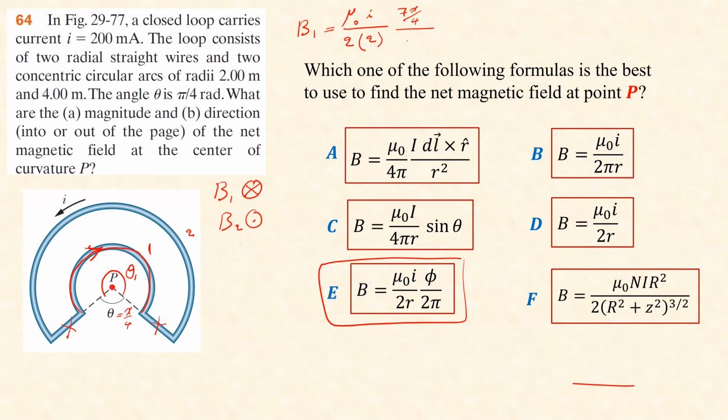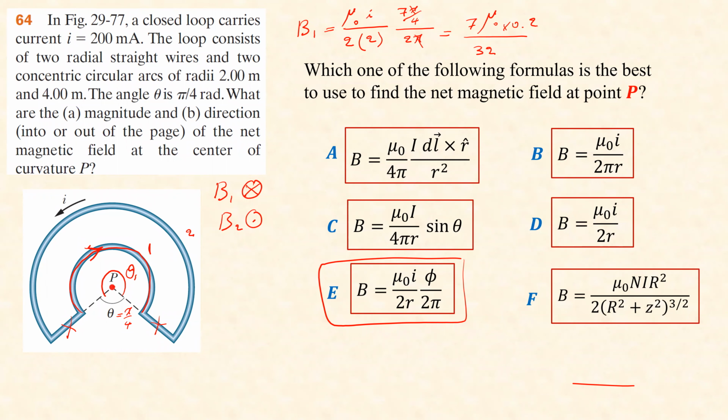So 7 pi over 4 over 2 pi. So pi cancels out. So it becomes 7 mu naught over 2 times 2 times 2 times 4, which is 32, times I, which is 0.2 times 0.2. All right, so this is B1.